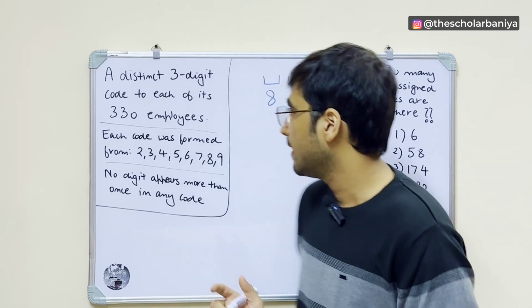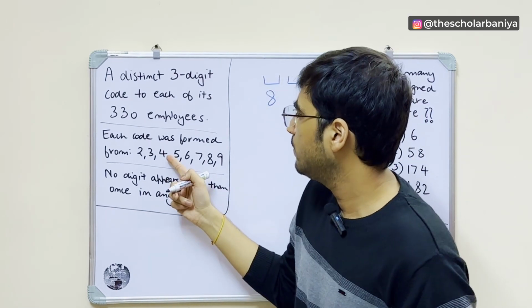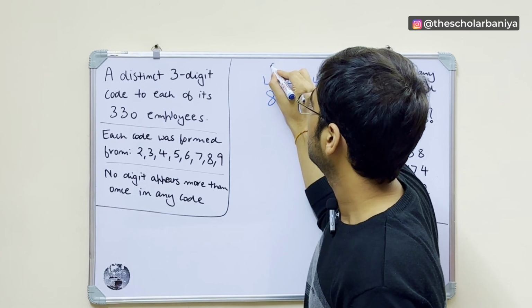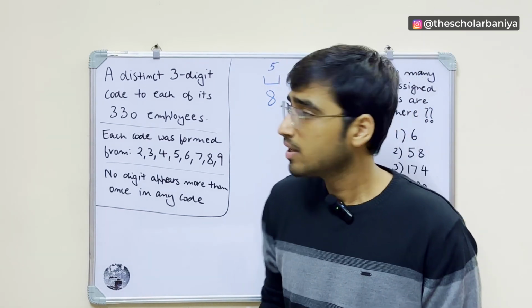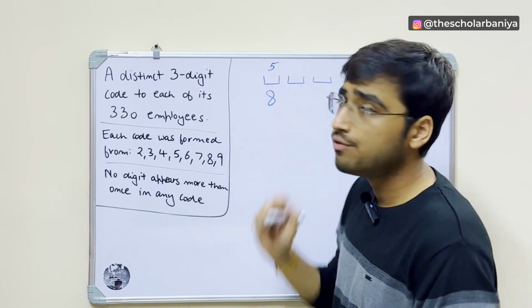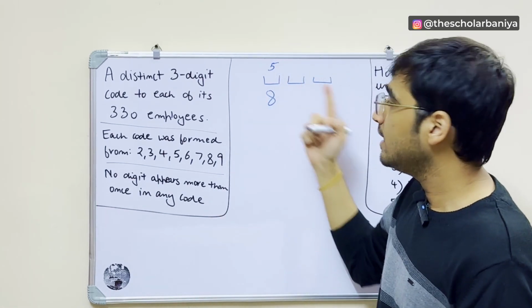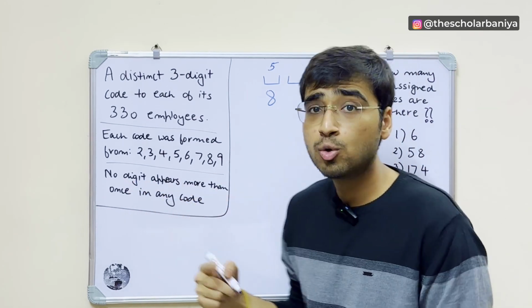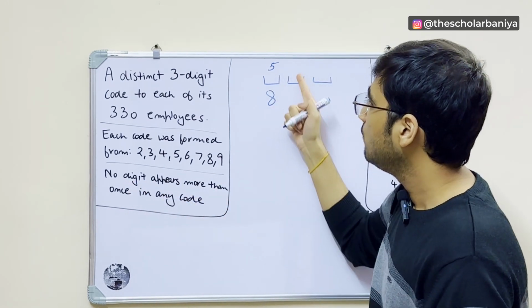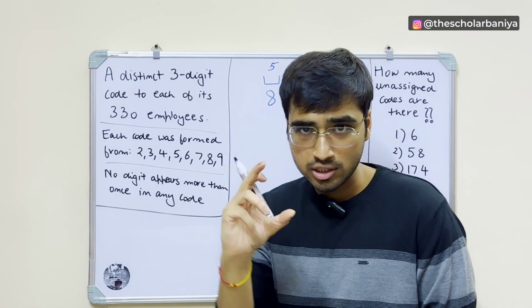Now, over here we have filled one digit. Let's suppose we have filled 5. If we have filled 5 in the first place, how many digits are possible for the second place? We know that no digit should appear more than once, so we cannot put 5 here, because it is already in the first place.